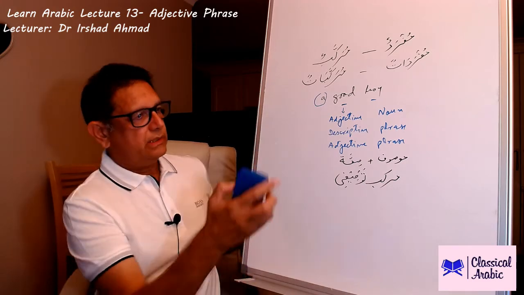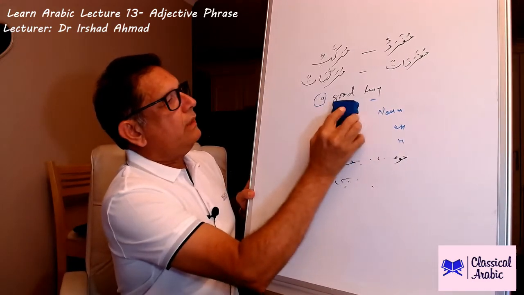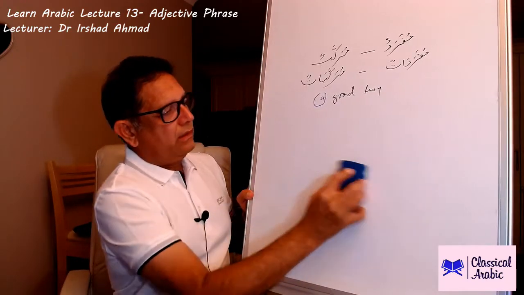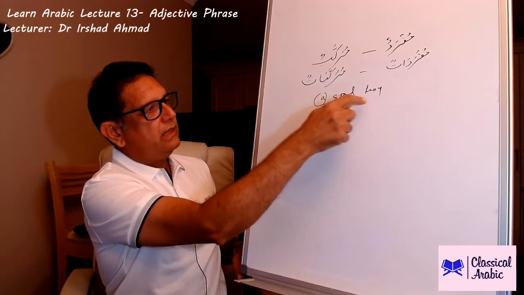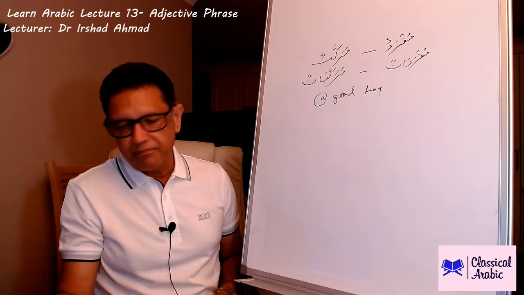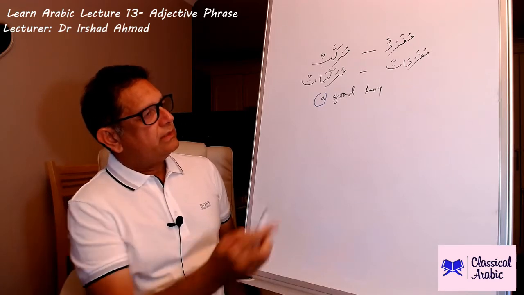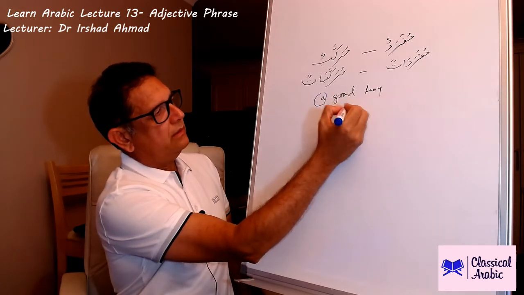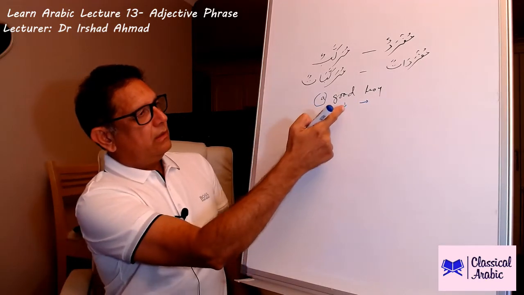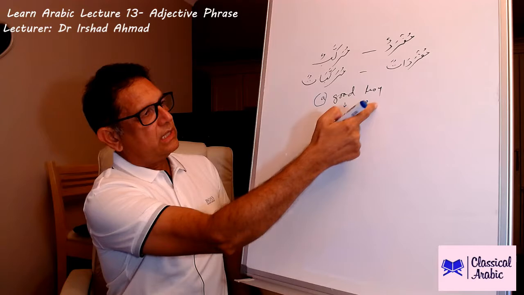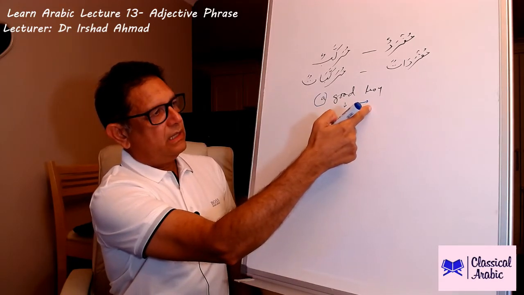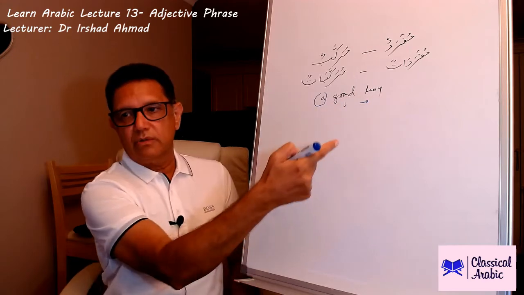The second point is that in English, good is the sifa and boy is the mawsuf. So in English we have sifa first, followed by mawsuf. Good, describing the boy.